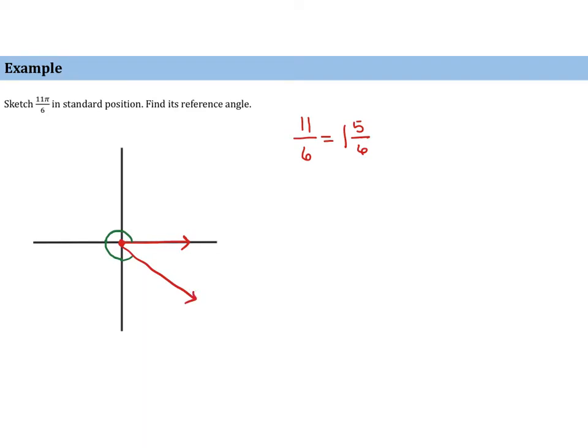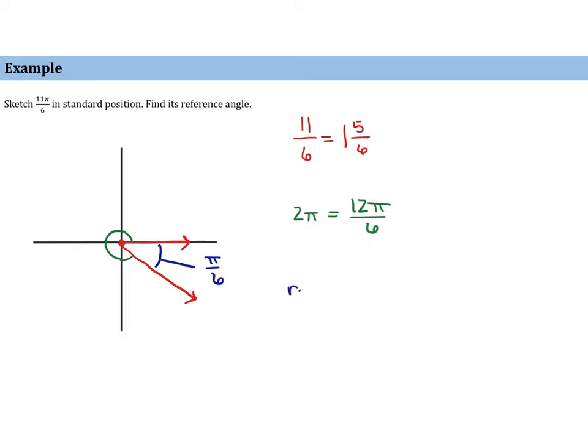So how much is left over? We have 1 and 5 sixths pi, and a full revolution would be 2 pi, which is 12 pi over 6. And we want 1 and 5 sixths pi, so that means that what we have left over is a sixth of a pi.